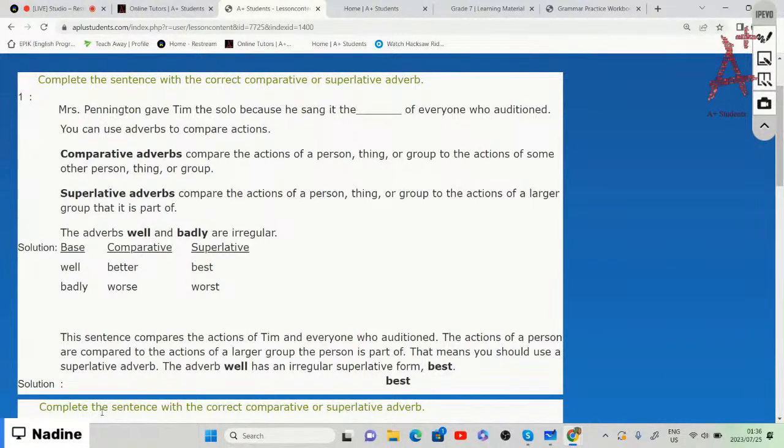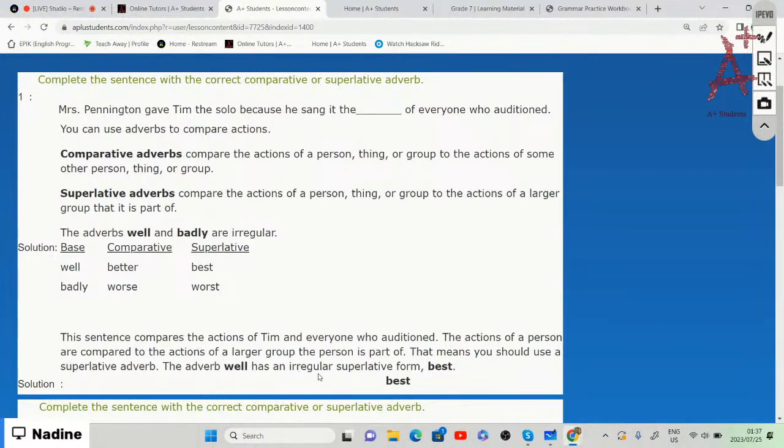So it is not he sang better, he sang the best, because he is being compared to a larger group, the rest of the group that also came for the auditions.